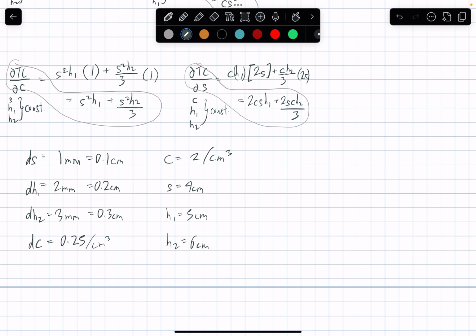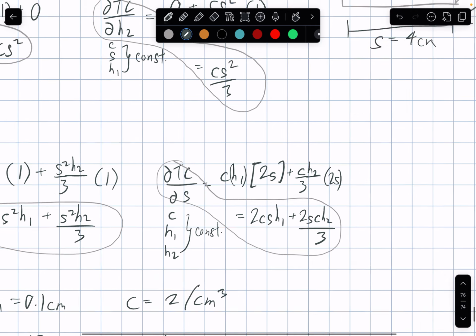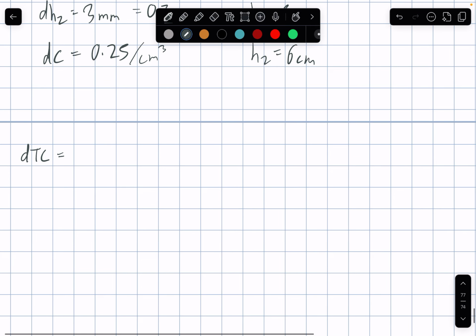Okay, so let us now substitute. It is going to be a very long solution, so I hope you are taking notes, so I don't have to go back from time to time to what has already been solved. We can just keep writing.